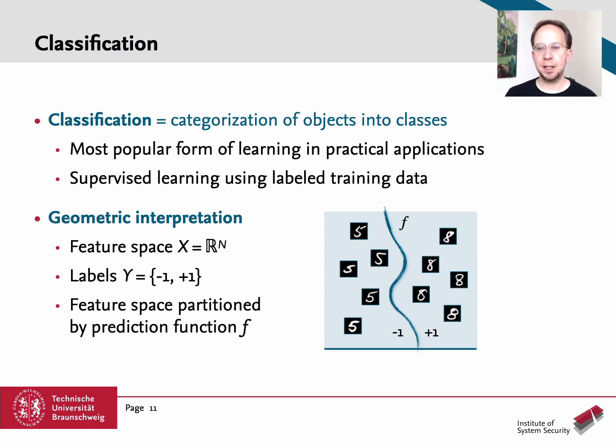This is our feature space, our input space. And now the task of learning is to find a function f that separates the objects in this space. And in the two-dimensional case, this is pretty simple. It's just some line that goes through the space, and on one side there are all the 5 digits, on the other side there are all the 8 digits.